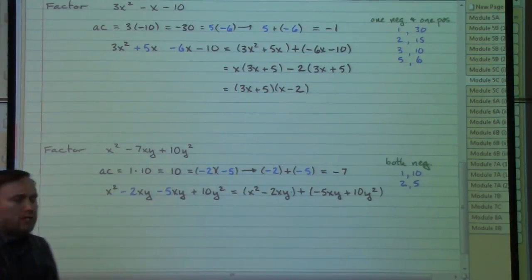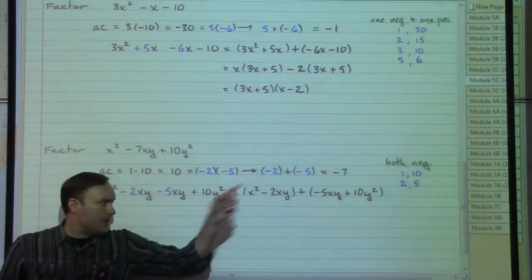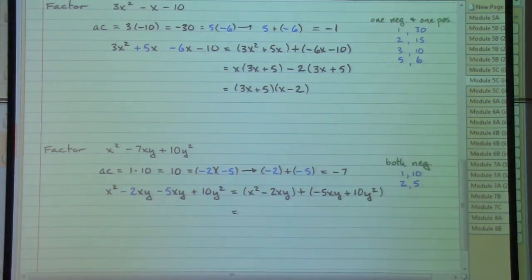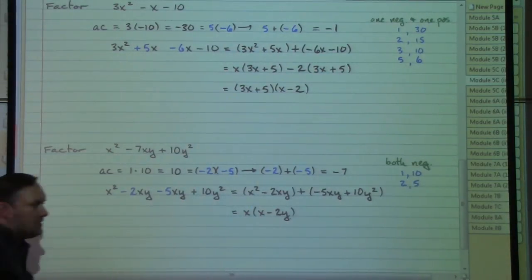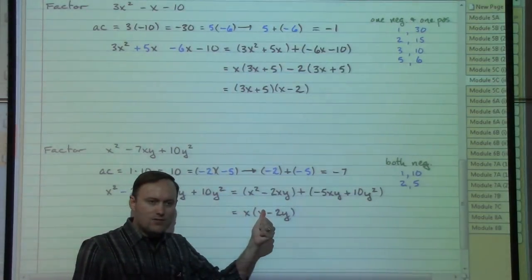Then we would look at each set of parentheses separately and try to find a greatest common factor. In the first set of parentheses, the greatest common factor would just be the variable x, and that would mean that we have left over x minus 2y. Here again, we can use this as a guide, as a hint. I'm expecting to have an x.